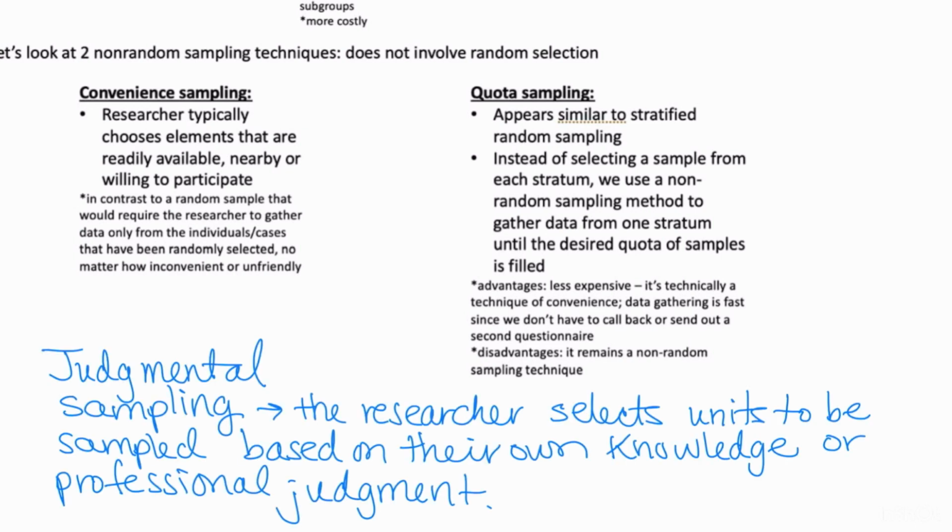So another type of non-random sampling technique is judgmental sampling or judgment sampling. In this case, the researcher selects units to be sampled based on their own knowledge or professional judgment. So let's say that we're going to conduct a survey on students' attitudes towards moving away for college. Okay, so going to a different state for college.